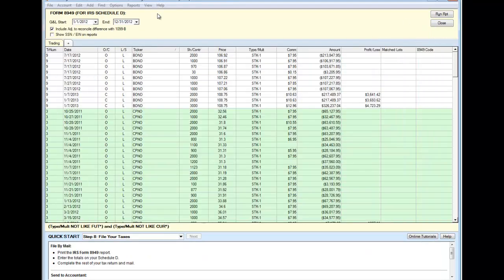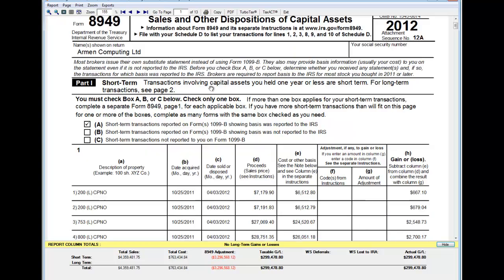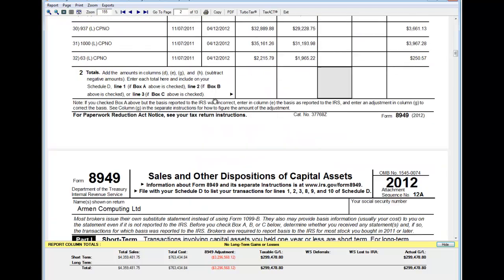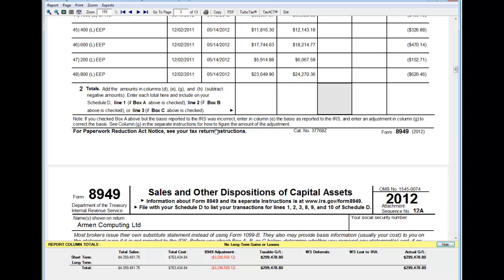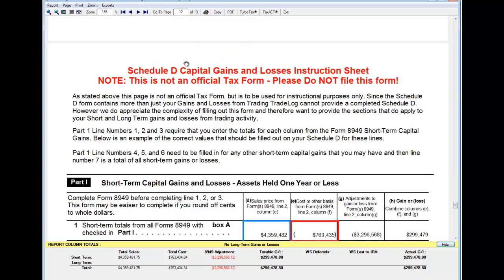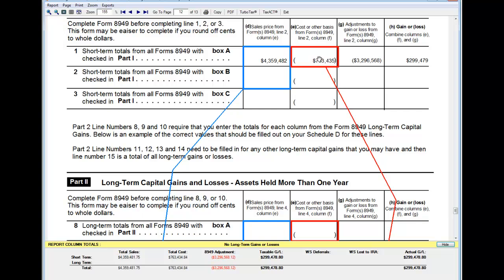Now here's what I want you to note. When I run that 8949 in TradeLog, there is only one section that TradeLog generates. TradeLog, based on the general rules, sees all of these trades should be reported on Part A, which is our covered securities. If I go to the summary page for 8949, you can see that there's just one part that TradeLog's reporting, Part 1, Box A.